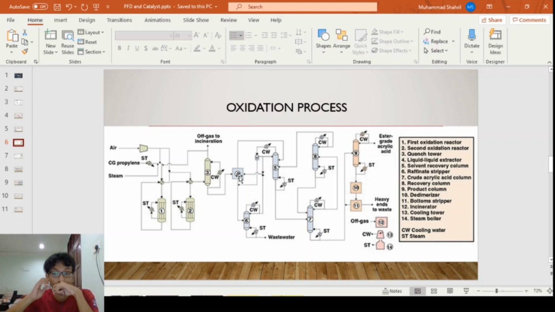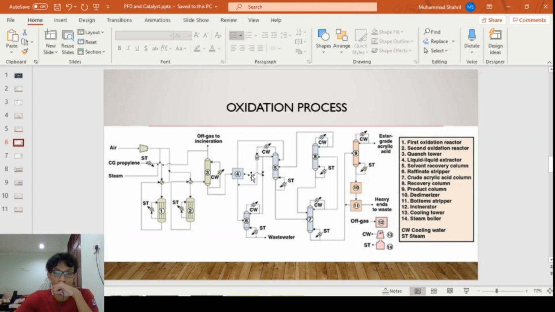The top portion of the extractor containing the acrylic acid is sent to a solvent recovery column to recover a two-phase overhead stream. We will send it to the solvent recovery column number 5.